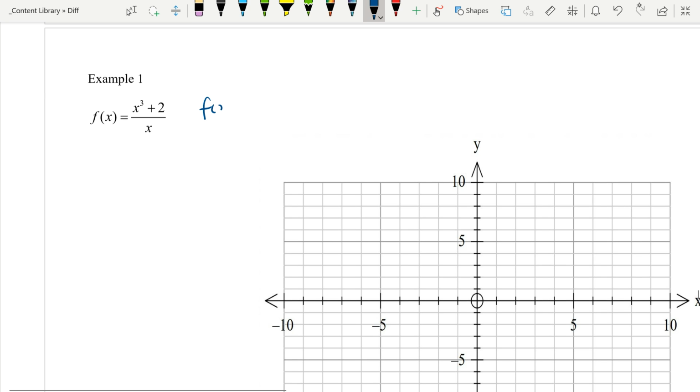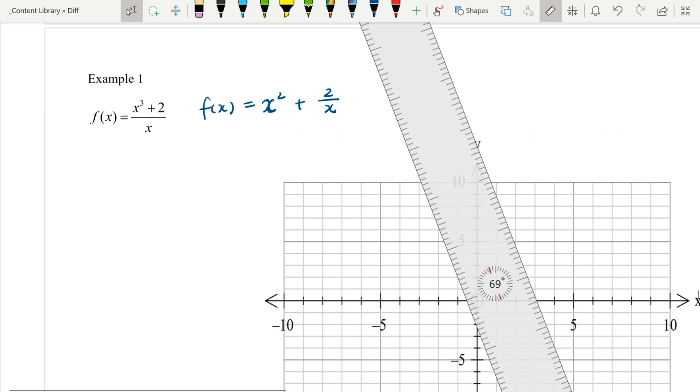So f(x) equals x squared plus 12x. You can do long division if you want, but I can get that quickly. This is one of the equations I was talking about before. So for asymptotes, you can see x equals 0. So I will sketch this one.